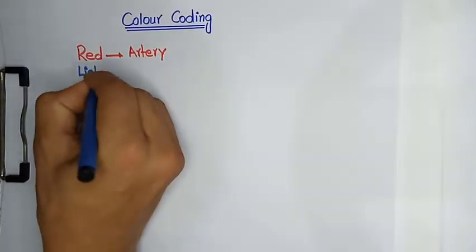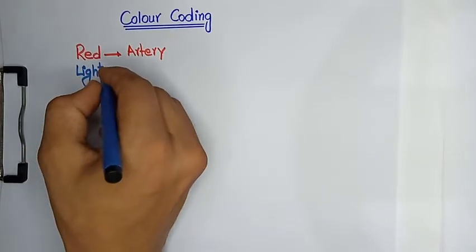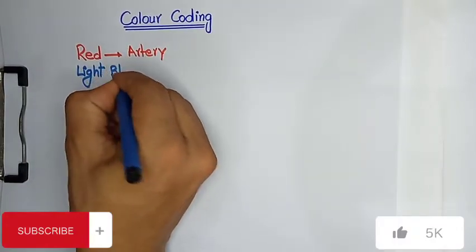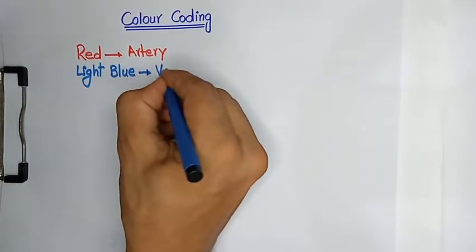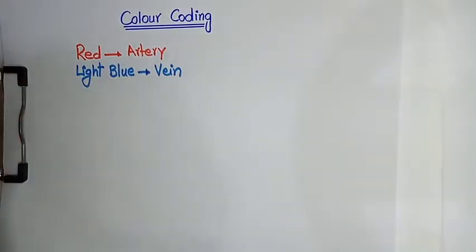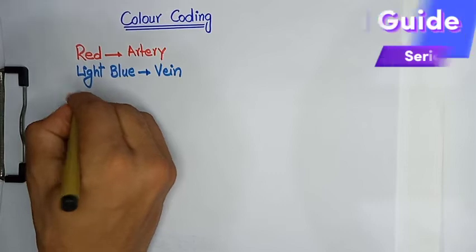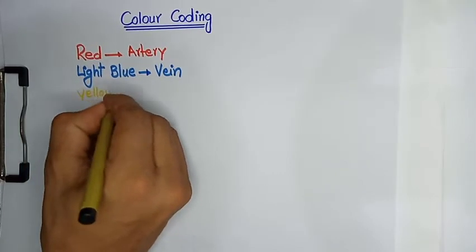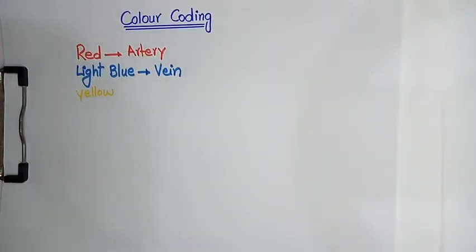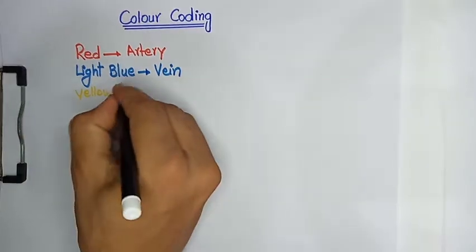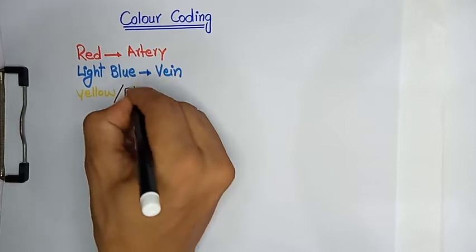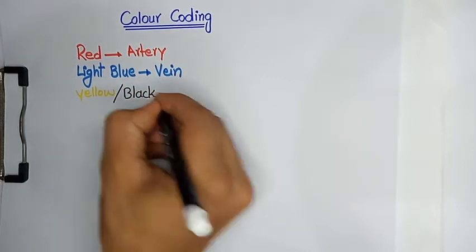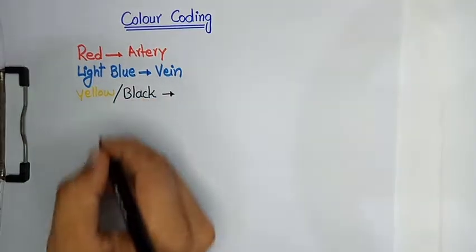Then, light blue color is used to represent vein. Then the next is yellow color or black color is used to represent a nerve.